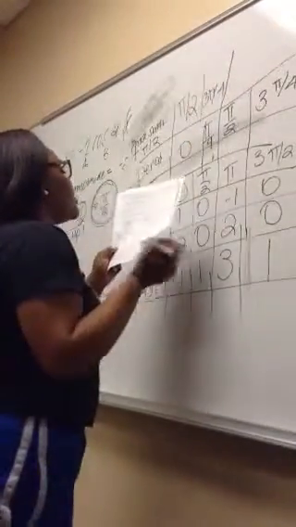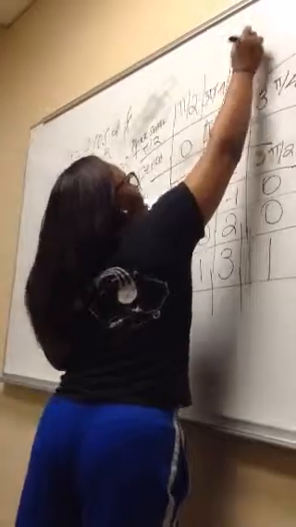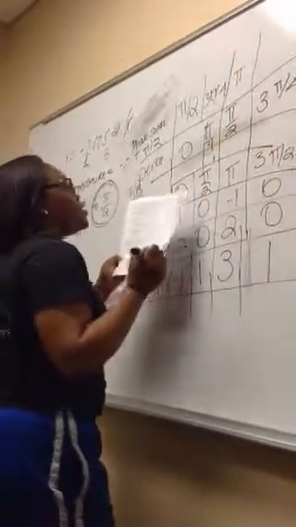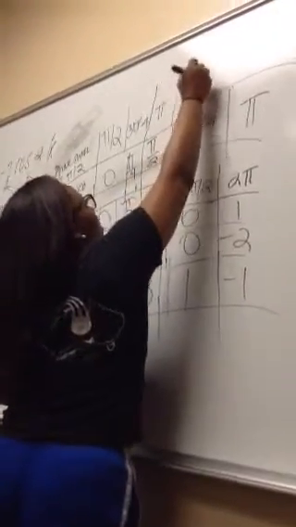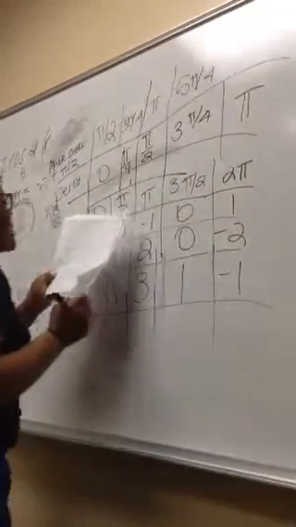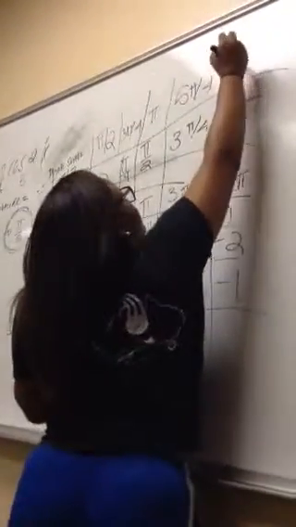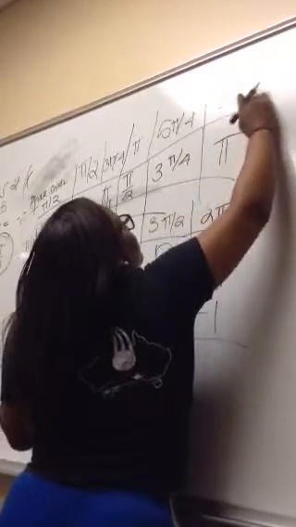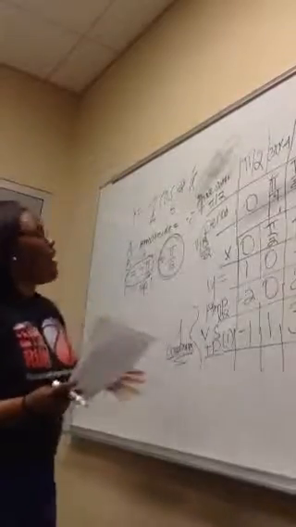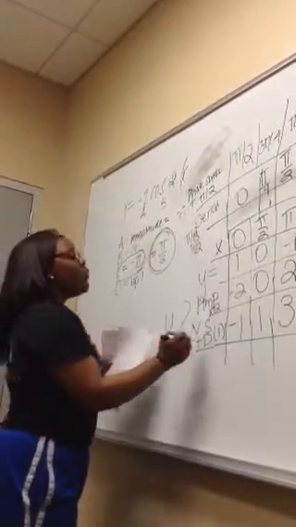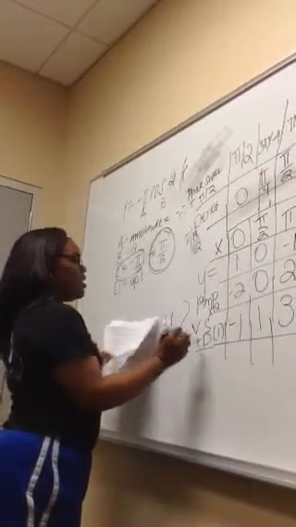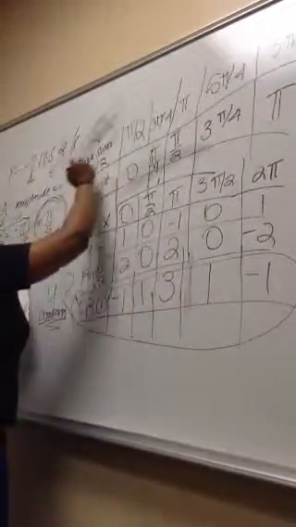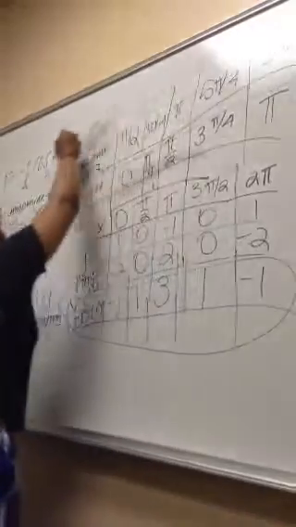Pi over 2 plus pi over 2 is obviously pi. 3 pi over 4 plus pi over 2 is 5 pi over 4. And then pi plus pi over 2 is 3 pi over 2. And these are your key points for the graph we're about to graph. However, we're only going to use the vertical shift coordinates and the phase shift coordinates to graph.